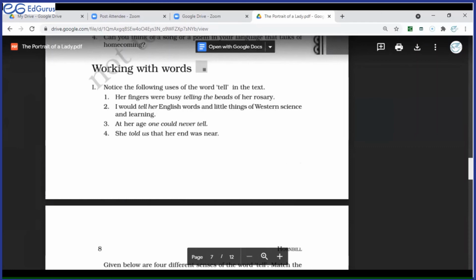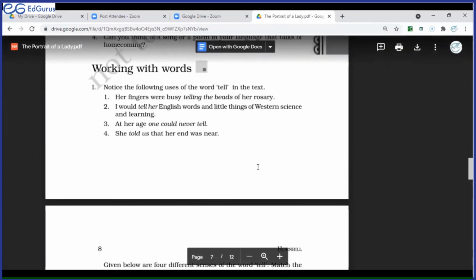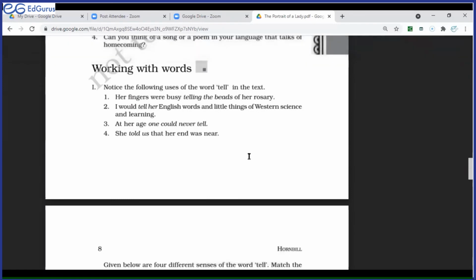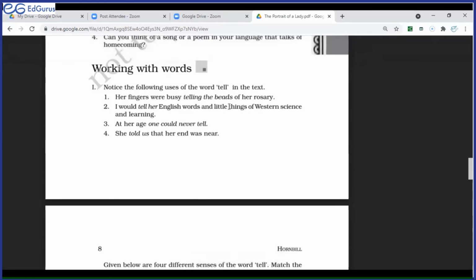Now you see that one word can be used in different ways with different meanings. This is the magic of English. Here in this very lesson, the word tell has been used so many times, but every time the meaning is different. Her fingers were busy telling the beads of her rosary.